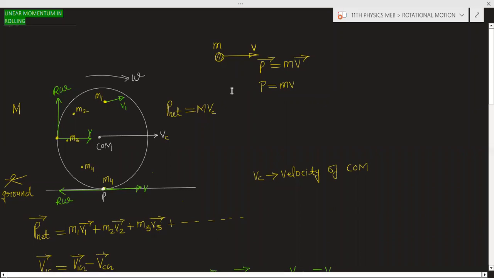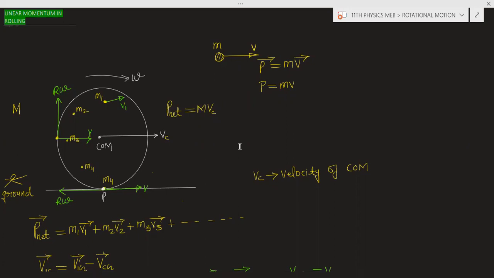If you are not understanding the derivation part, then you can only learn this formula. Most difficult chapter in 11th physics, I will say, because here we are using linear motion as well as rotational motion at the same time.